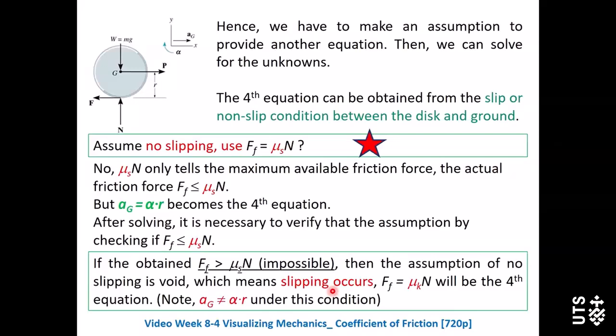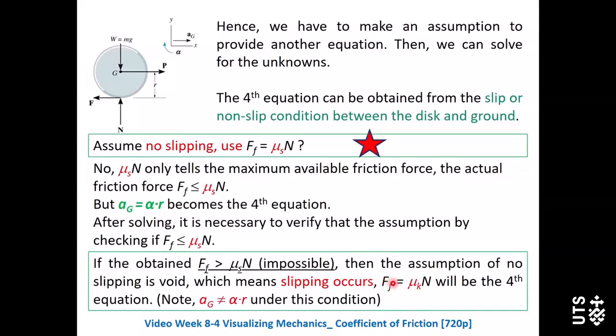If slipping occurs, then your force equation will be Ff equal to mu k times N. Ff this time will be kinetic friction force. If you know the kinetic friction coefficient, you can use mu k times N to work out Ff.